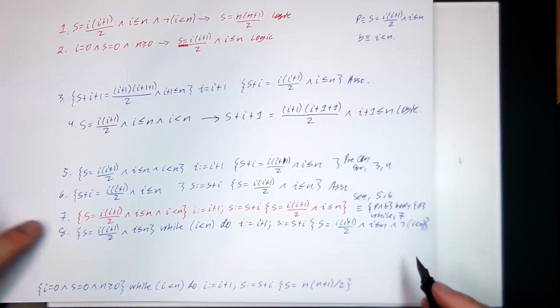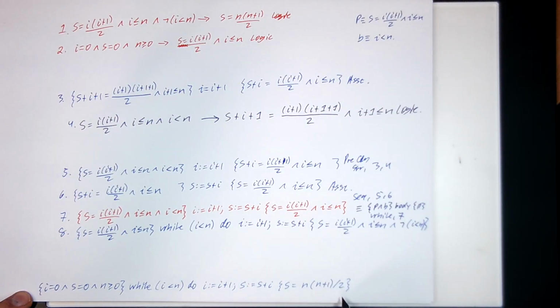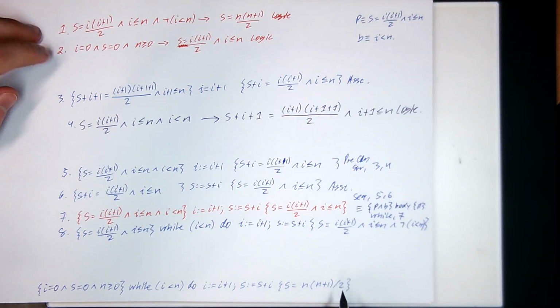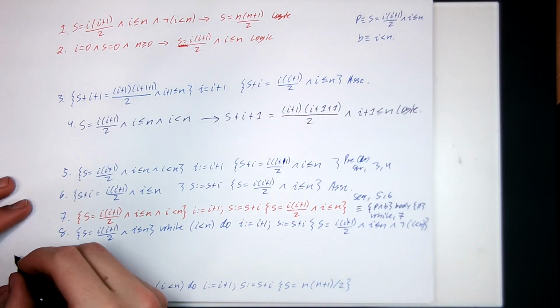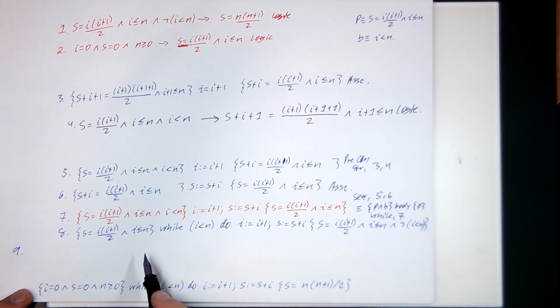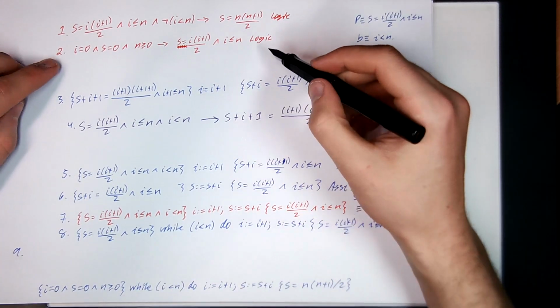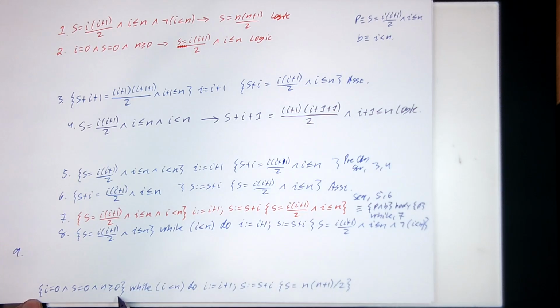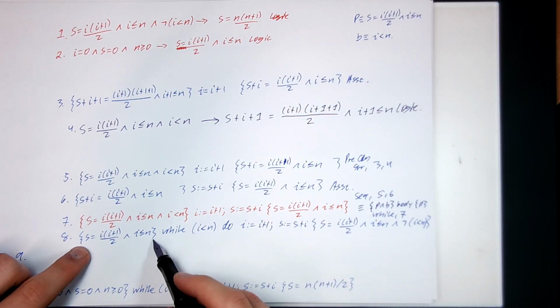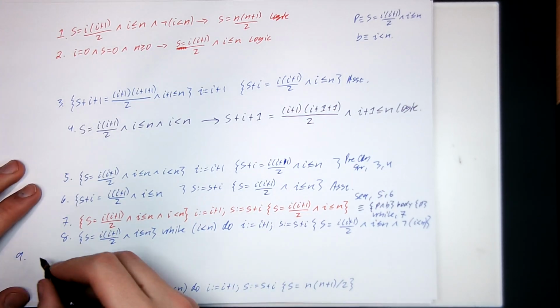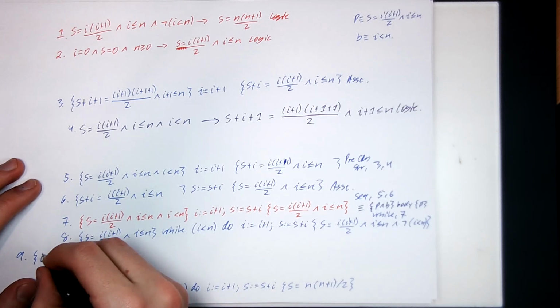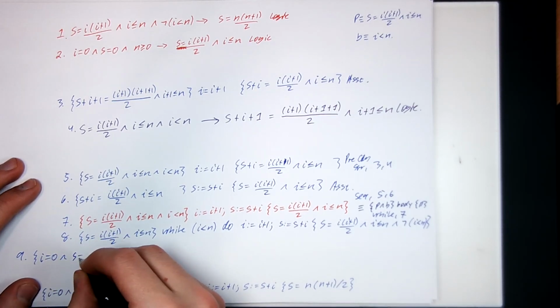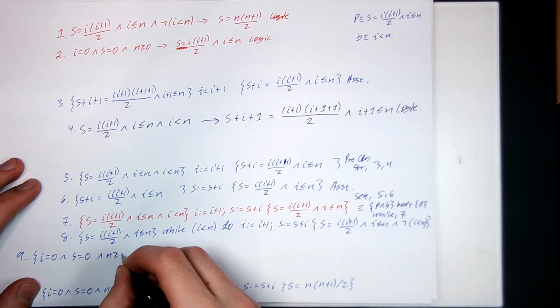Now I just got to sort of wrangle this thing till it looks like this thing. And thankfully that's pretty easy to do because we got these two logic statements from before. So I can always strengthen my precondition by using this statement here, because this precondition is a stronger precondition than this one by line 2. So I can hot swap it out. I equals 0 and S equals 0 and N is greater than or equal to 0.